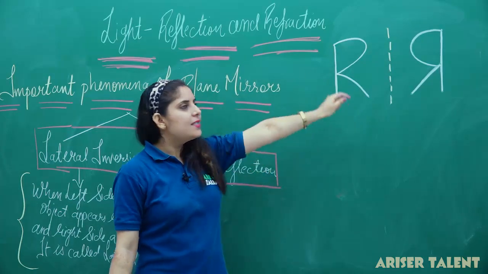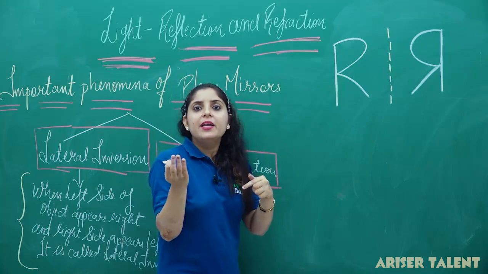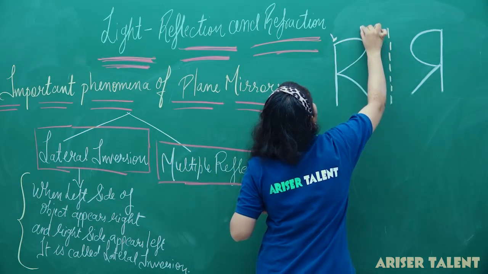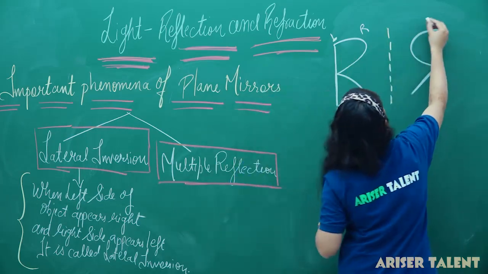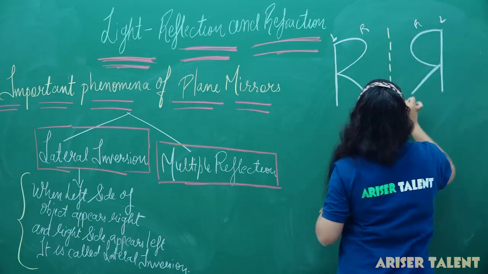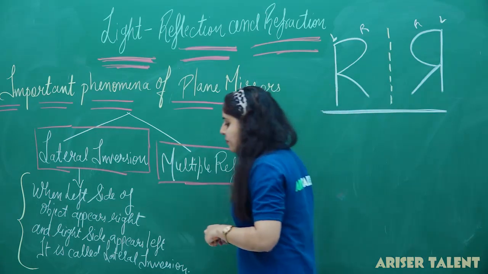So this concept we can call lateral inversion. Inversion means it is just inverted or opposite. It means this left and this right are going to appear in the mirror like this. So we can say that these two letters are laterally inverted.